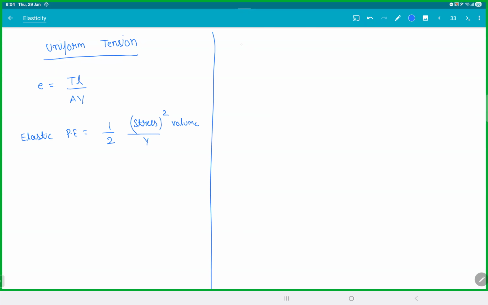Uniform tension. What to do if you have a variable tension? We integrate. But I know the formula only when the tension is constant. So what do we do? That is the whole point of integration. I know the formula for a rectangle. How do you find the area under the curve? We take such a thin element, dx.